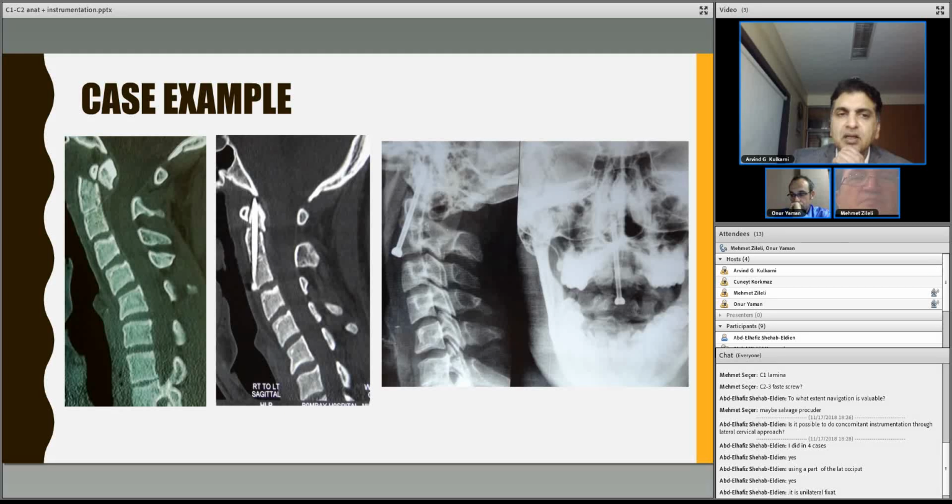Usually the length of this screw is about 35 to 45 millimeter. But in this particular case, we used a 50 millimeter screw because there was a congenital fusion of C2 and C3 and we had to put a very long screw to get a distal purchase. So this ultimately fused.